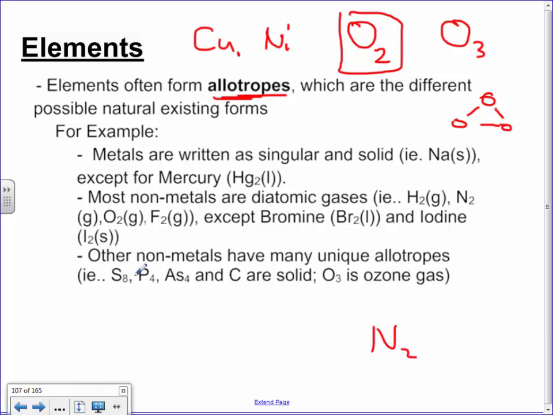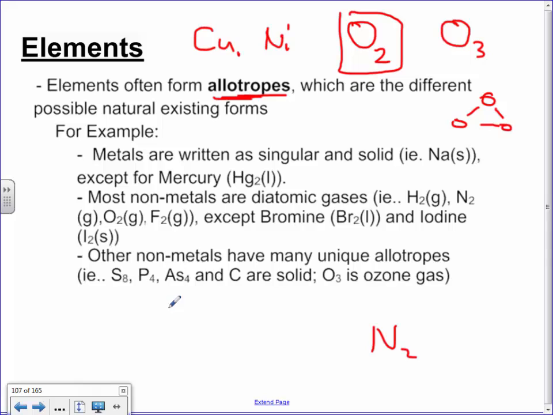I believe the reason is that a flower has petals, and there might be 8 petals around the flower. There are 8 sulfurs all together in a flower shape. Phosphorus is never found by itself. Phosphorus always needs 4 buddies together, and arsenic needs 4 buddies.